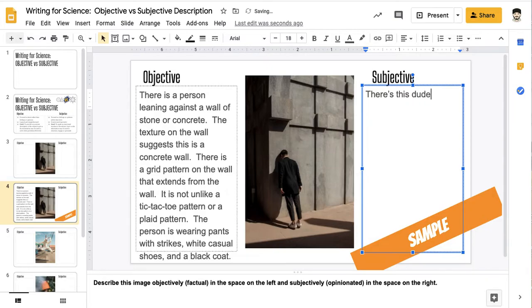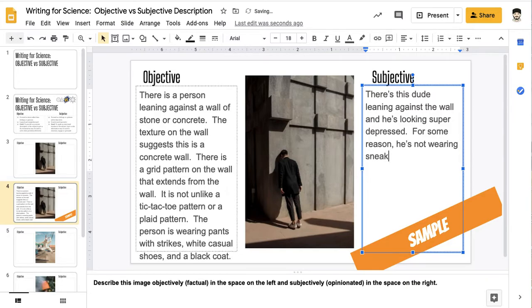There's this dude leaning against the wall, and he's looking super depressed. For some reason, he's not wearing sneakers, or he's not wearing socks, and that's probably uncomfortable.